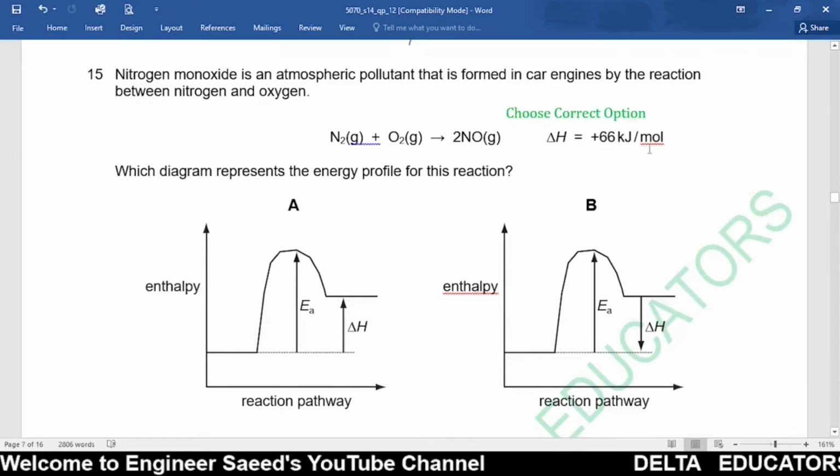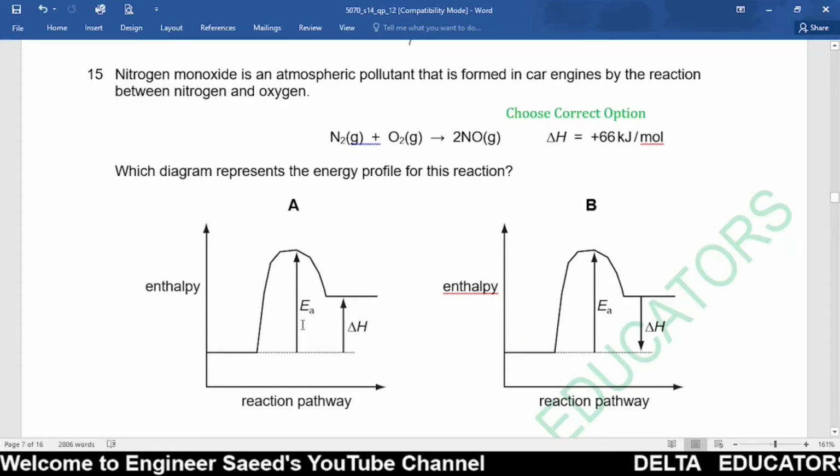kJ per mole. Means during this reaction heat energy is absorbed, and heat energy absorbed means on the reactant side energy is less, on the product side energy is more. Now we check the options. In option A in this graph, it is activation energy. Activation energy is defined as the difference of the energy from the reactant to the peak position.